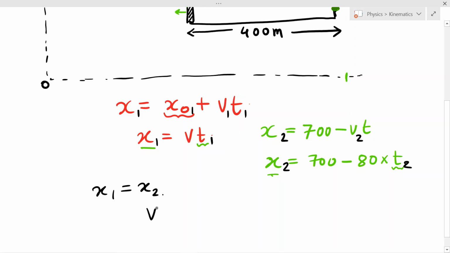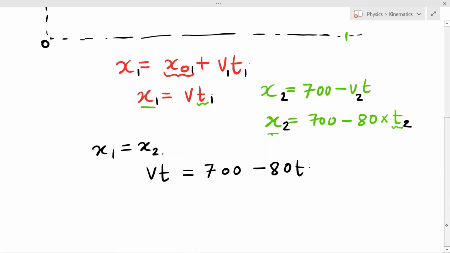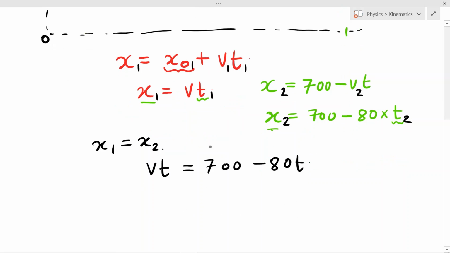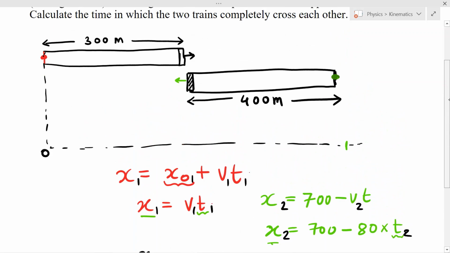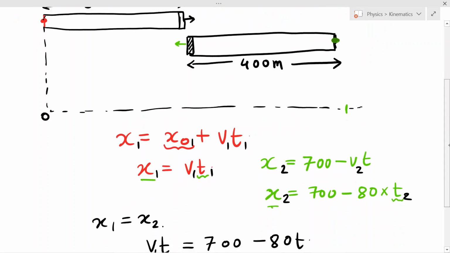So this will be v1 times t1. Let's say t1 is equal to t, because the time will be the same at the meeting point. Now solve for t. What is v1? v1 is 60 meter per second.